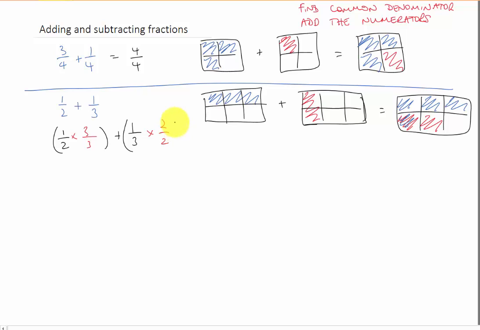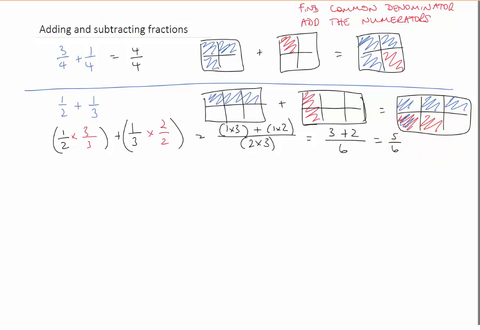So this is what I showed you in the previous video. So that gives us 1 times 3 plus 1 times 2 over 2 times 3, which is 3 plus 2 over 6, which is 5/6, and that's what we can see in our little drawing.